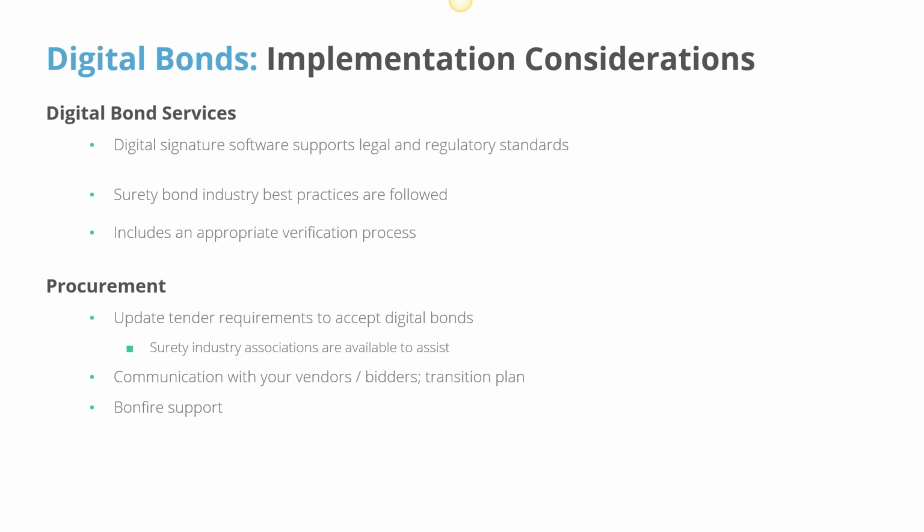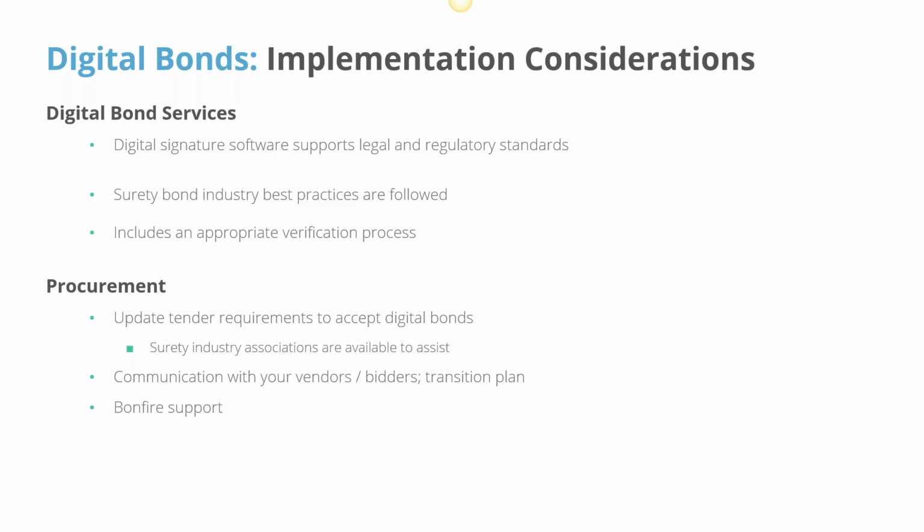On the procurement side, you'll know better than I will, but certainly I see it at the last minute. I honestly do get calls at 9:30 in the morning saying, we need an e-bond and the tender closes at 1 o'clock. How can we make this happen? And we do get them to the finish line within a very short period of time.